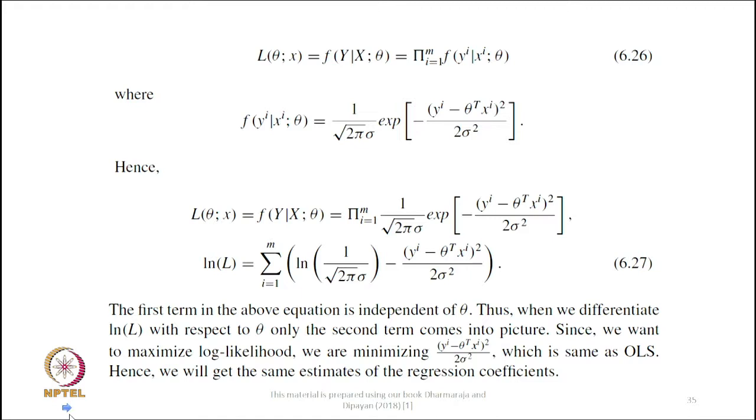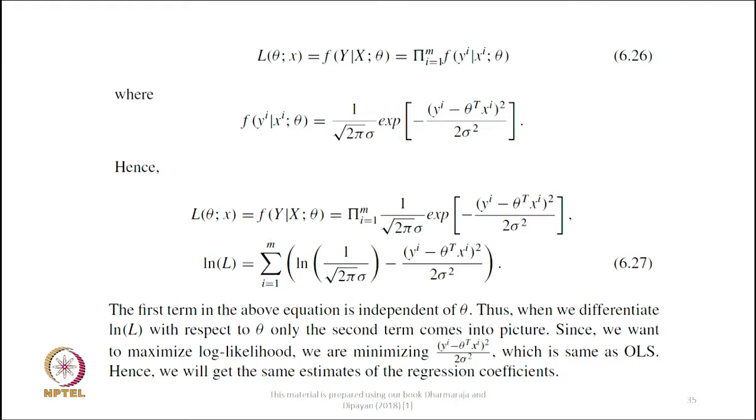Since the results are in the form of exponentials, you take the logarithm of the likelihood function. That is equation number 6.27. The first term in the above equation is independent of theta. Thus, when we differentiate the logarithm of the likelihood function with respect to theta, only the second term comes into the picture, whereas the first term does not have theta.